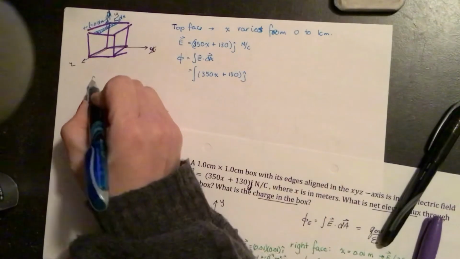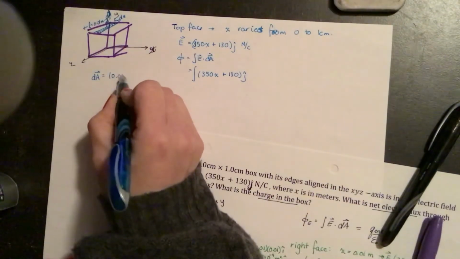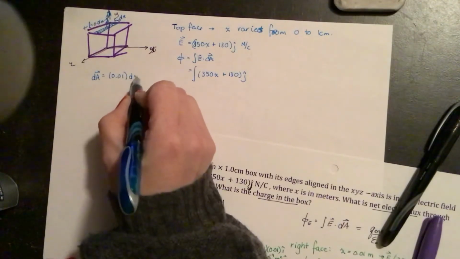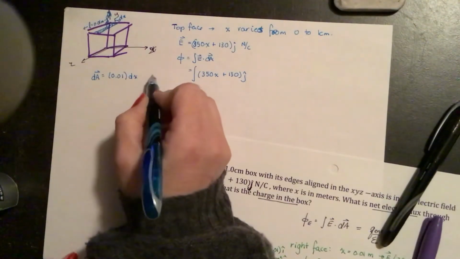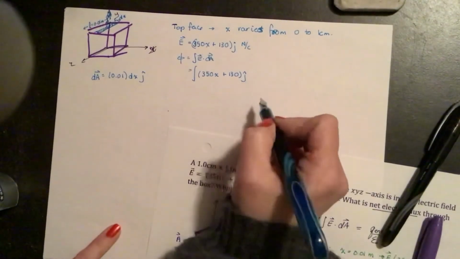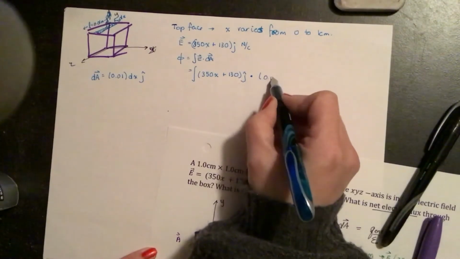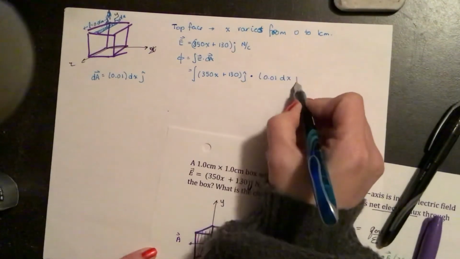So my dA would be my length, 0.01, times my width, dx, in my direction, which is straight up, or j hat.